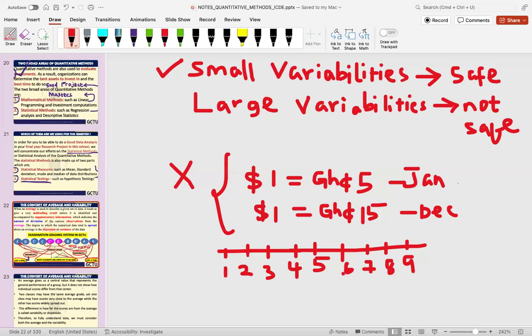So the expectation of the consumers, with what we have learned today about the center and variability, is that if this is the center in January, we are expecting that either it will drop to 4 or it will increase to 6.